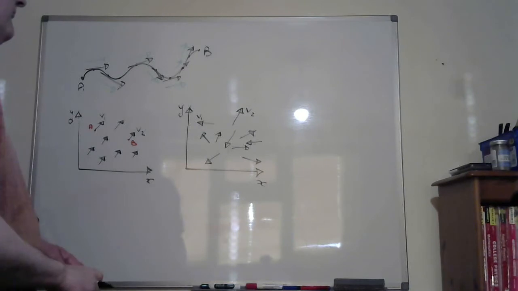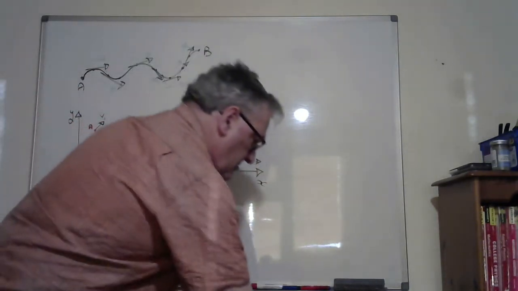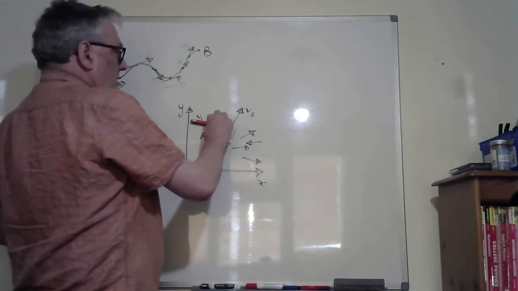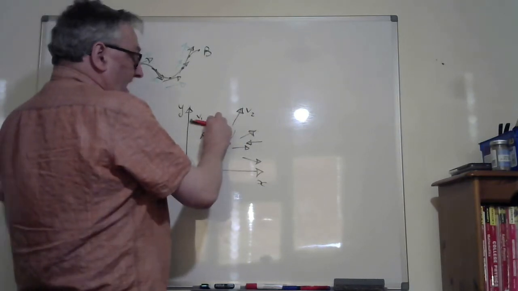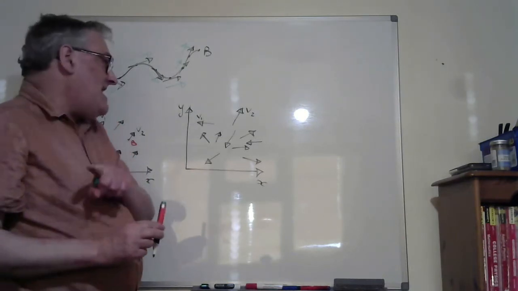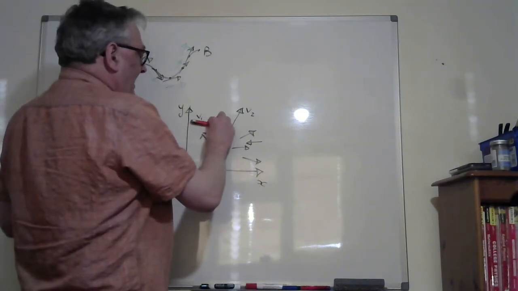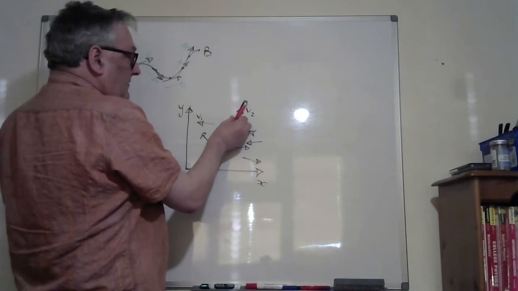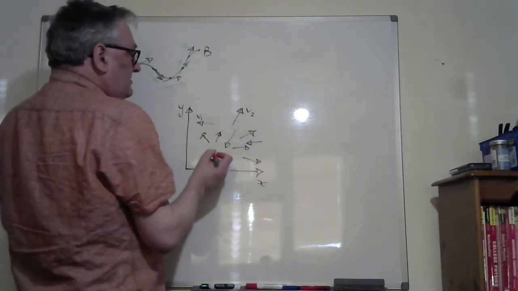Now, if we want to translate velocity vector v1 onto velocity vector v2, we can't really do that with any degree of ease, because this is not a Euclidean space, and that velocity vector is pointing for a start in a completely different direction to velocity vector v2. It's also of a different size.